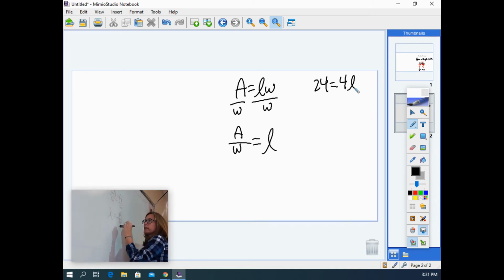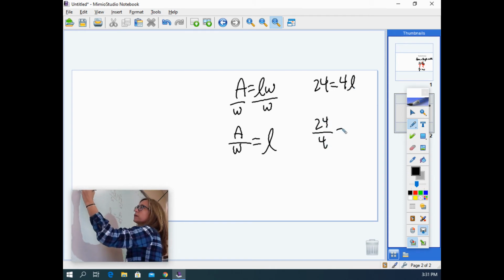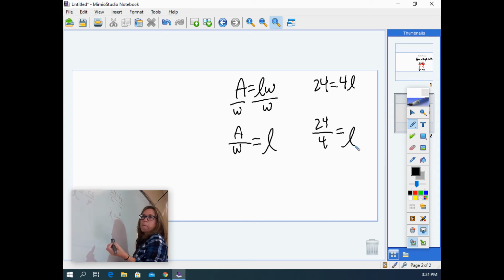Well, if you rearrange the formula to begin with, you can just plug in your numbers. So you'll just get 24 over 4 equals your length, and you're done.